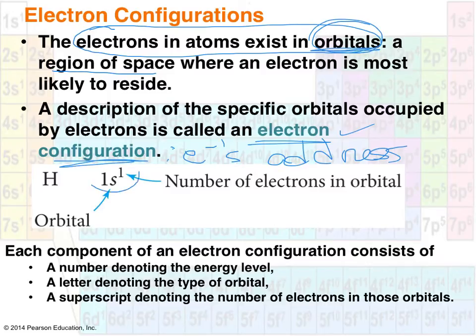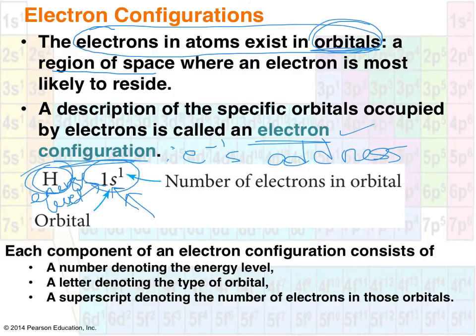Here's a typical electron configuration notation. It consists of several parts. The first large number is the energy level, and since this number is a 1 in this example, it's energy level 1. It happens to be hydrogen, which is located in energy level 1.